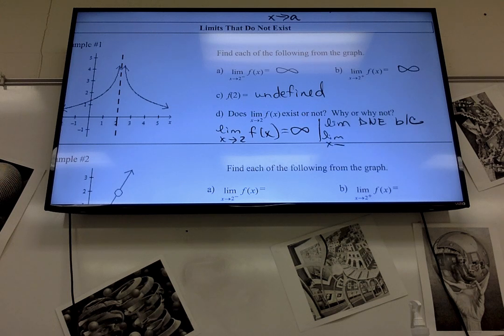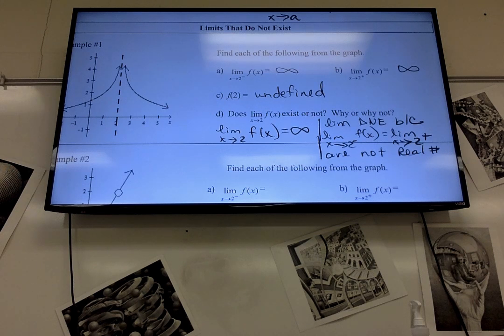So the limit as x approaches 2 from the left, and as x approaches 2 from the right, are not real numbers. It's infinity. So, say you have this problem on an AP Calc test, or on my test, because they're basically the same kind of test.